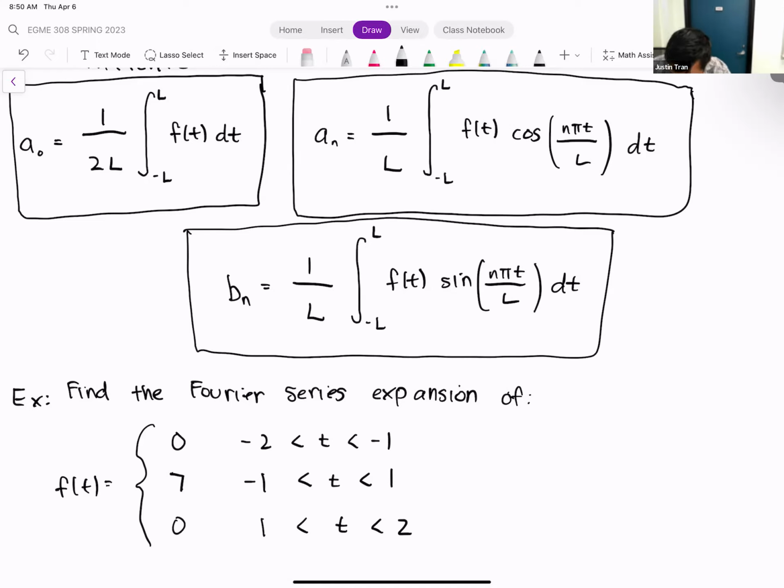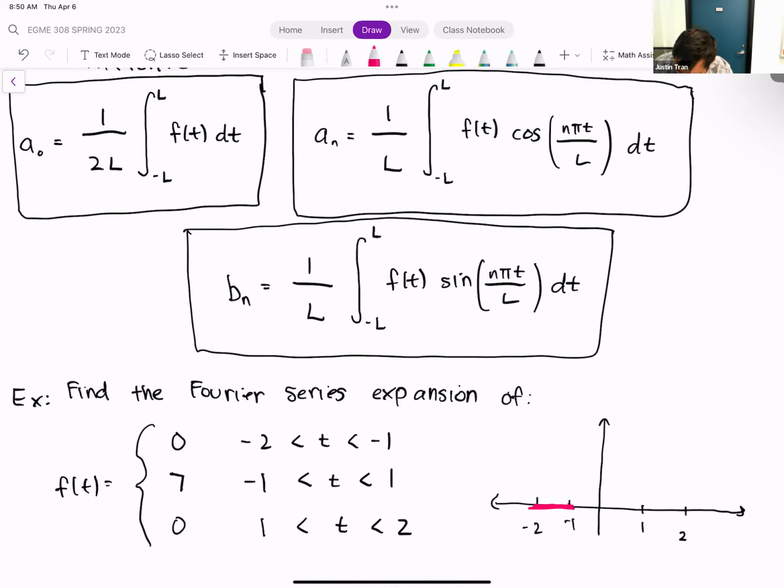So visually, the function looks like this. And so if we start at -2, we go to +2, we mark off -1 and 1 as well. So that's -1, 1. Okay. And so from -2 to -1, we know the function has a value of 0.